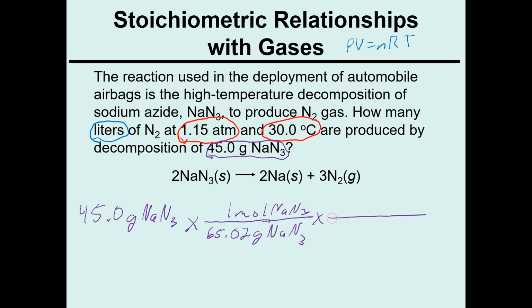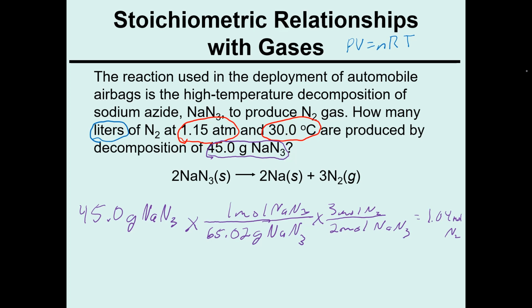And then we can look at our reaction here, and for every 2 moles of sodium azide, we get 3 moles of N2. So if we take 45 times 3 and divide that by 65.02 times 2, we come out with 1.04 moles of N2.